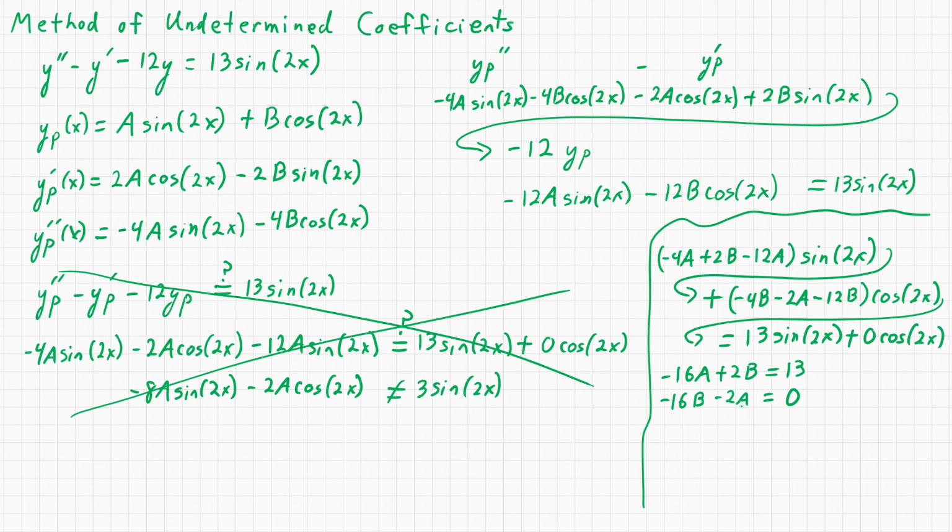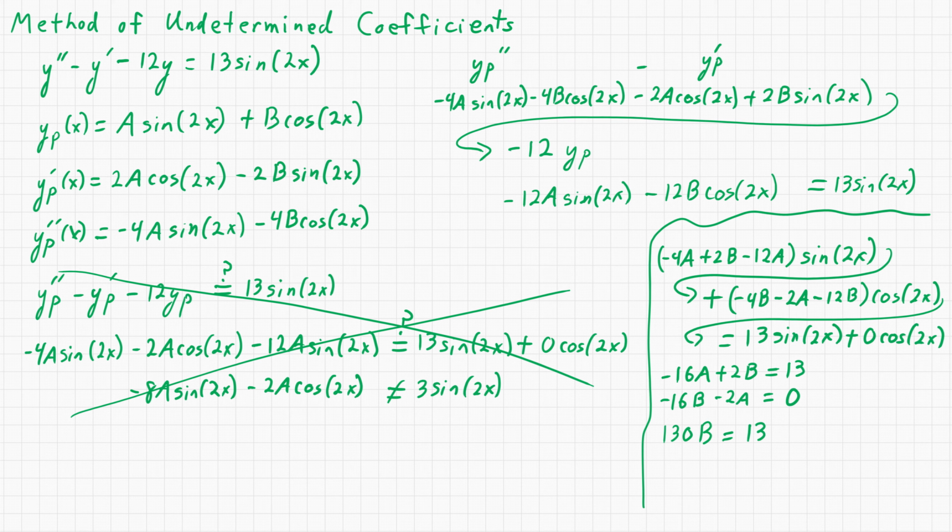If I take negative 8 times the second equation and add it to the first, so negative 2 times negative 8, that's going to be positive 16. That'll cancel out with the negative 16a. Then I have negative 8 times negative 16. That's going to be 128, I'm pretty sure. I'm going to add that to 2b, so it's 130b equals 13, I'm pretty sure.